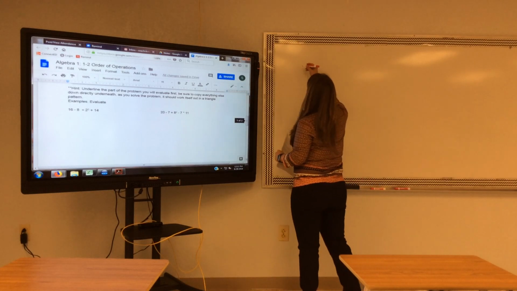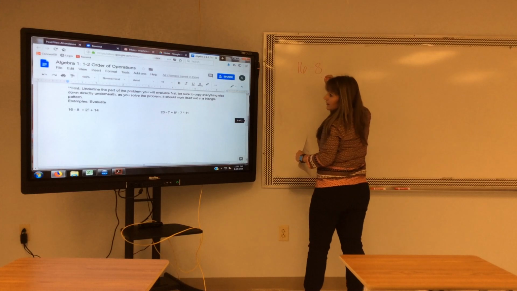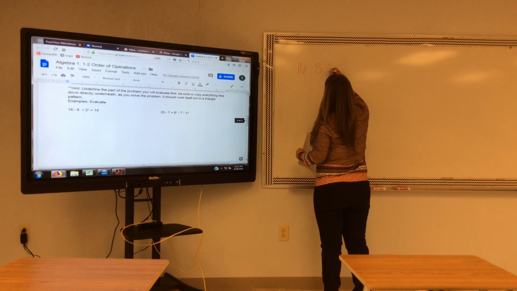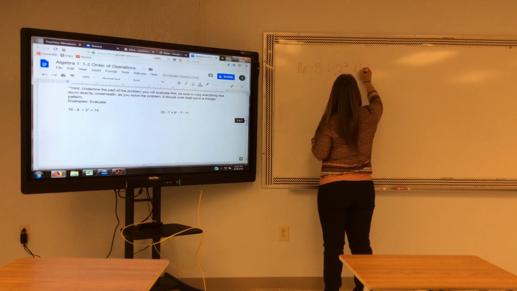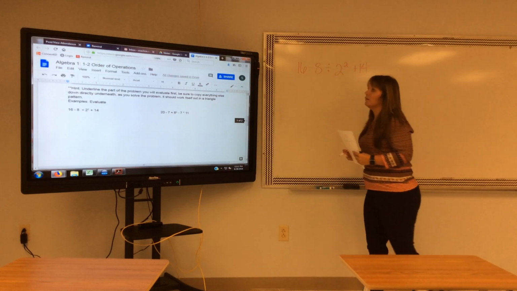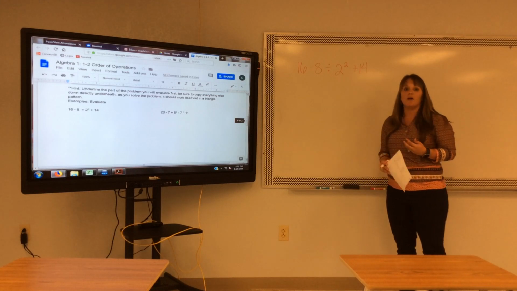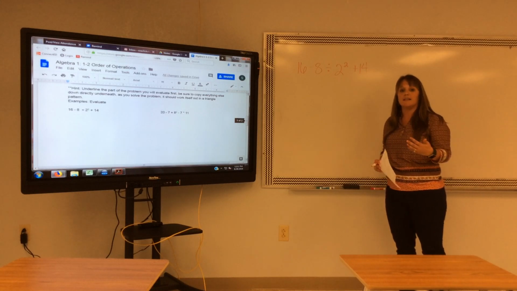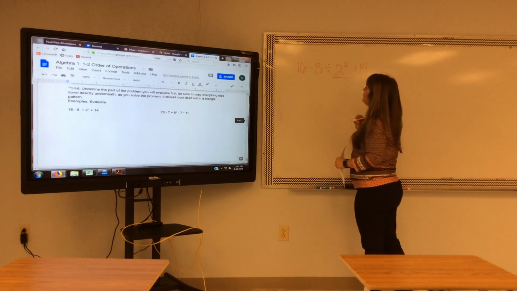I have 16 minus 8 divided by 2 to the power of 2 plus 14. Using PEMDAS, I look for parentheses. There are none. So I move to the next step. Exponents. I see an exponent here, so I'm going to underline it.